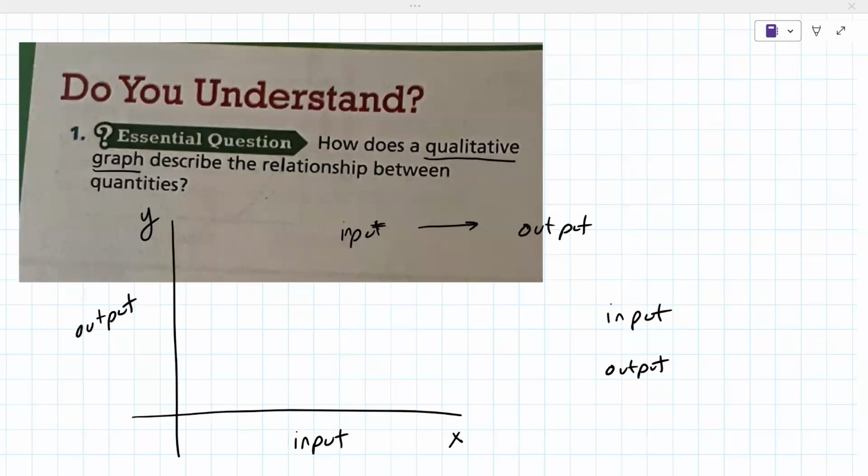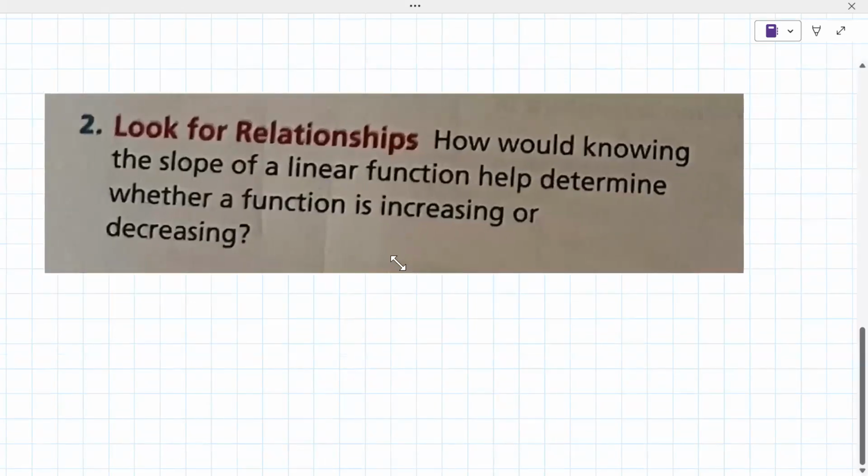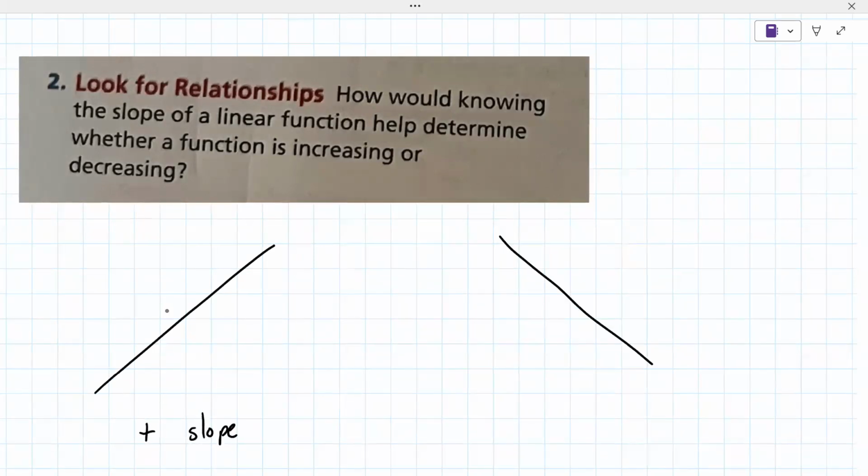Okay, we can move on. For number two here, there are two types of slopes. This one has positive slope, and this has negative slope.